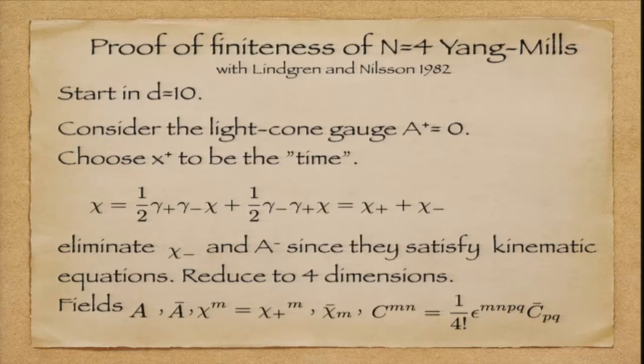Dirac told us you can take any time, any direction within the light cone to be the time. And we introduced projection operators on the fermions, like this. And by doing that, we could eliminate half of the fermions, and we eliminated the A minus, since they satisfy a kinetic equation. And we reduced it to write the theory in terms of A and A bar.